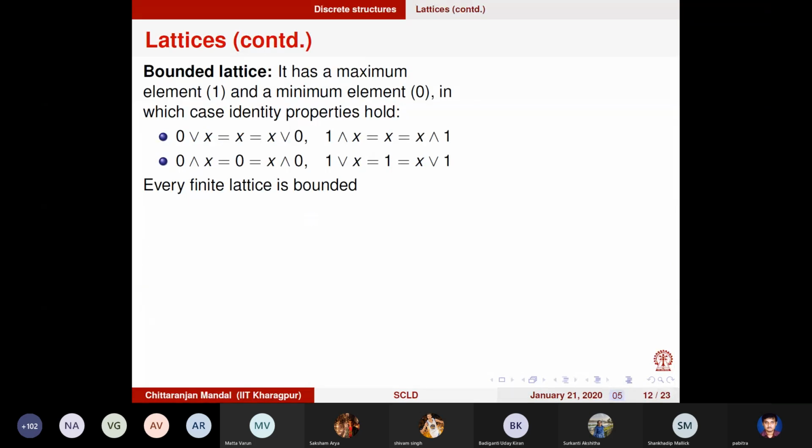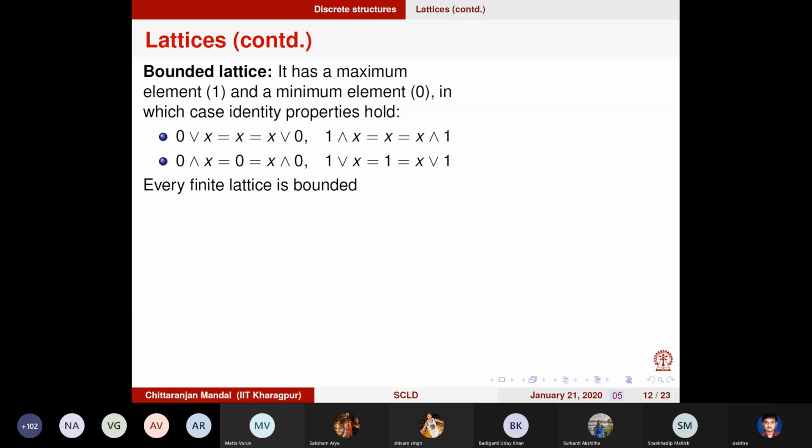hold for all lattices. But there are some special properties which hold only for some of the lattices. One of the properties is that the lattice has a greatest and a least element. We have seen before that we can actually have a lattice without any greatest or least element.